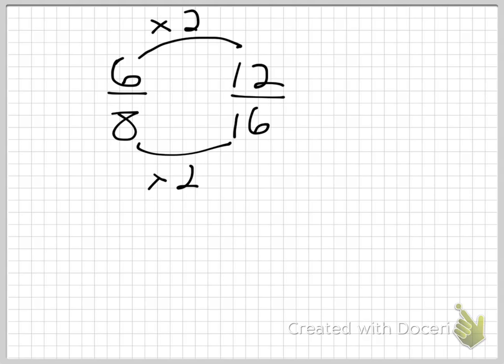In the end, do you realize that they both reduce to 3/4, right? You see that they both reduce to 3/4? Okay. You think that 6/8 is 1/2? Right? Okay.